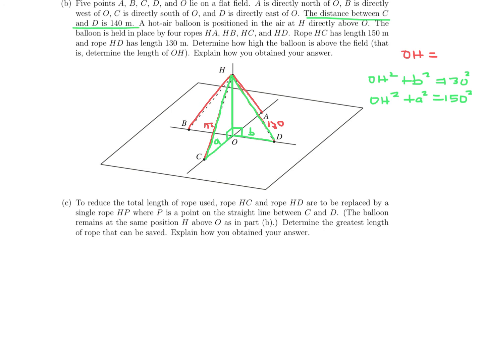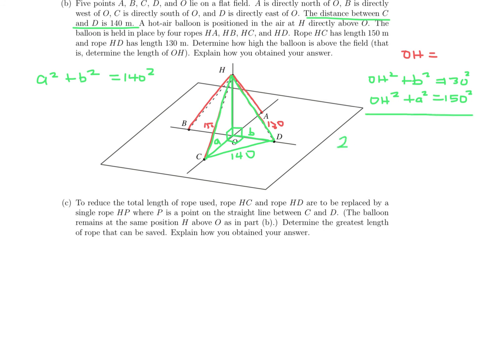That hint is very important, because they're saying that the distance from C to D is 140. That helps tremendously, because now we can say A squared plus B squared is equal to 140 squared, since this is also a right angle. So I think I have to combine these.